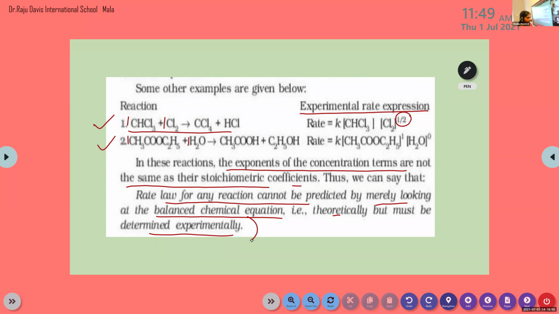Yes. What is meant by H2O raised to 0? A little louder. Ma'am, H2O has value 0. Punya, I can't hear you. Your voice is low, it's not clear for me. Once again.